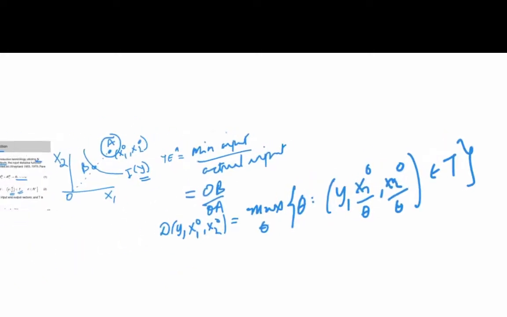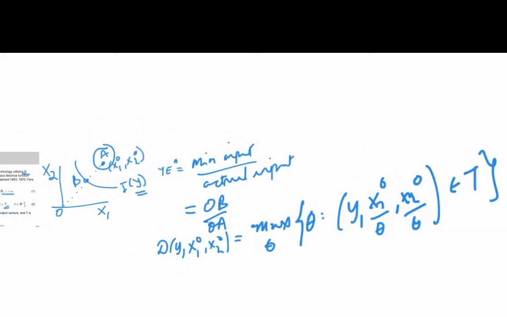And that number obviously is, if we are thinking of theta, then theta is, well, dividing both input vector values by the same factor, and that number is going to be OA over OB.